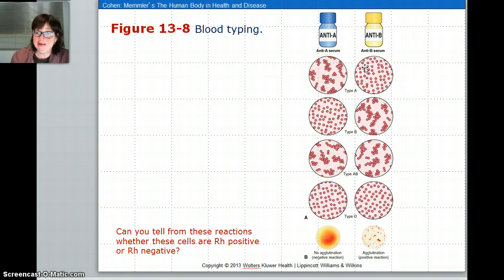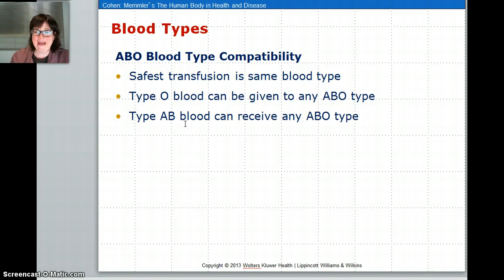I am an O positive blood type, which means I have no agglutination with the anti-A, no agglutination with anti-B, but my positive agglutinated. Okay? When it comes to blood compatibility, O can be given to anyone and the other ones can't.